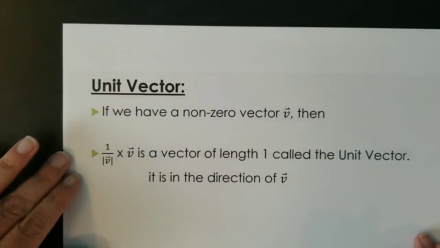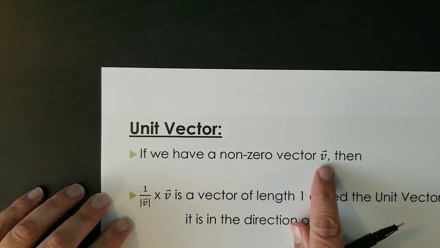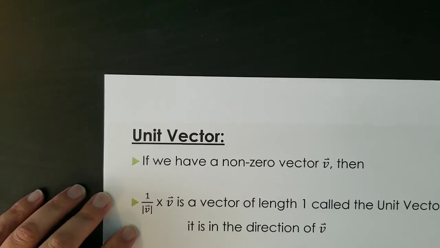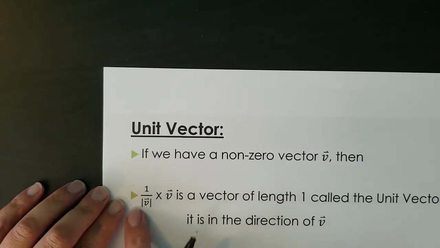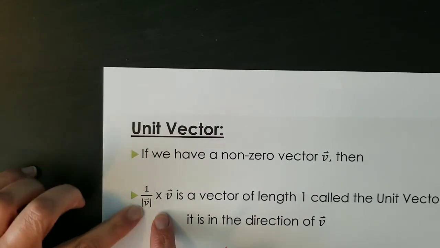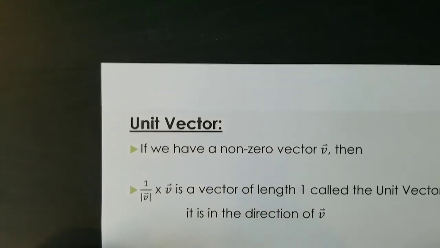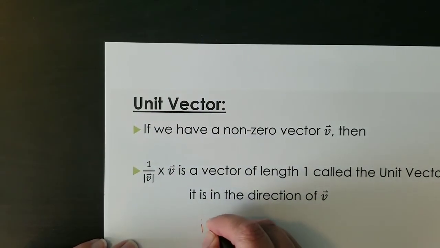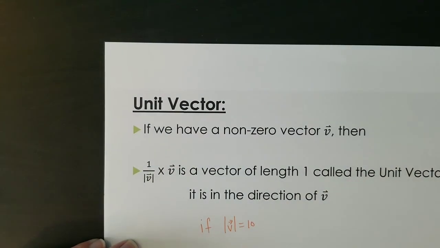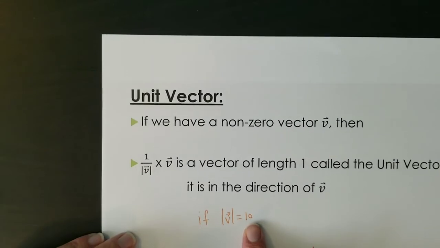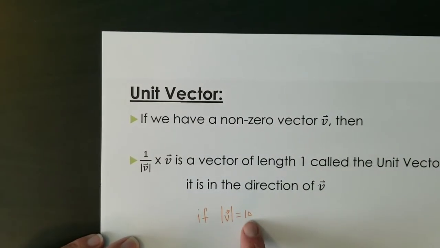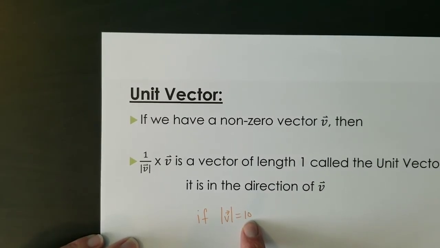If you wanted to find a unit vector and you had a vector v, the way we would figure out a unit vector in the direction of v is, and this looks a little complicated, to multiply the vector by 1 over the magnitude. So say, for instance, the magnitude of v was 10, a unit vector in that direction, if we took 1/10 of this bigger vector, we would get a unit vector.